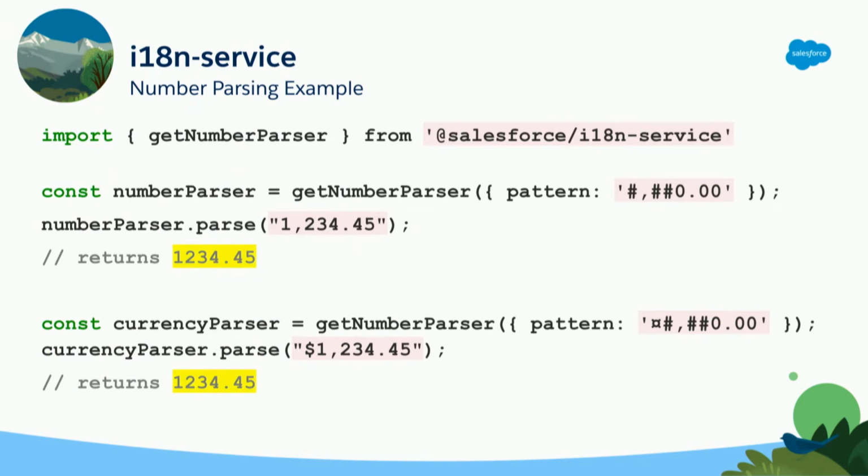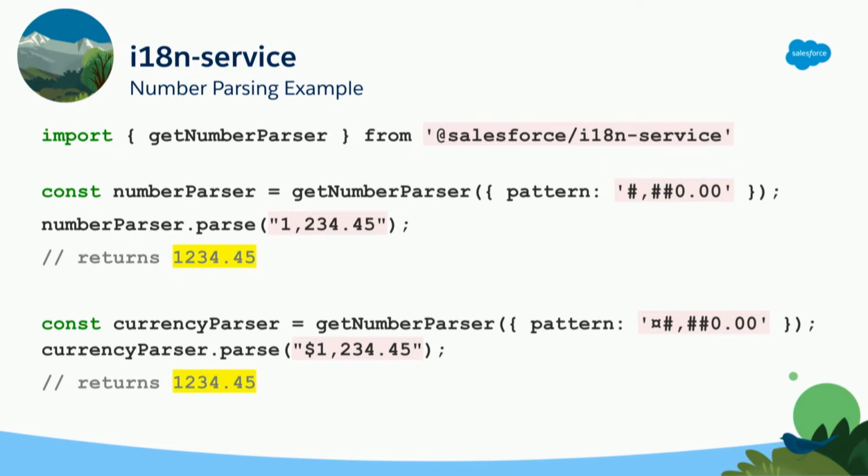So let's start with numbers and with currencies. We can provide this pattern. In this example, we provide the decimal separator and thousand separator in the format that we expect, and then parse the text. It returns the number object.